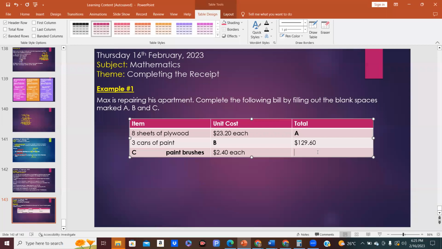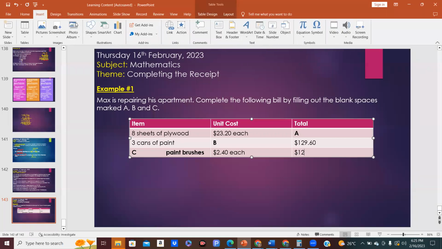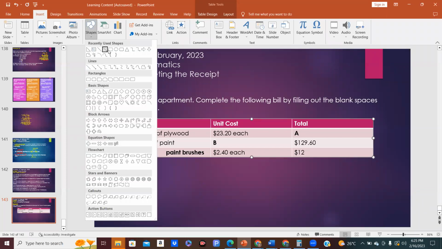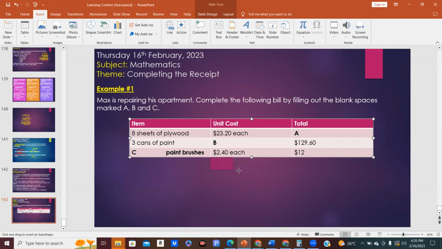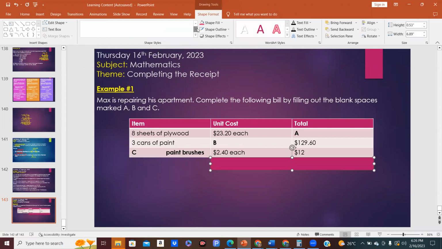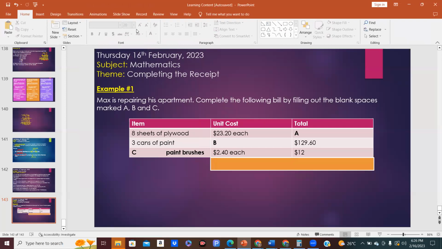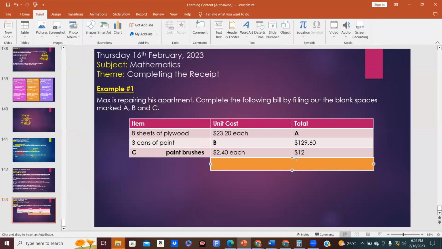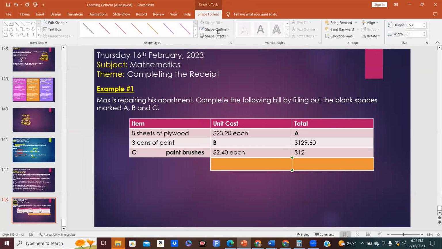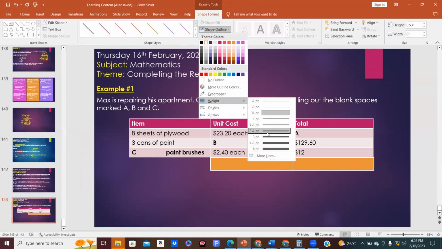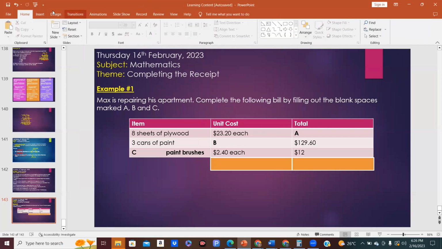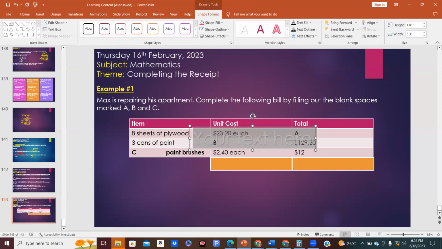Let's say that this is 12. All right, so this is the total.